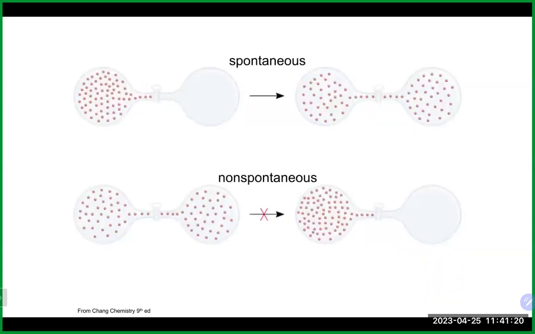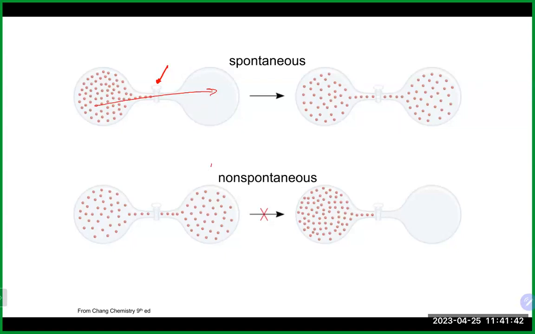A couple of other spontaneous versus non-spontaneous events. If we have a bunch of gas molecules in a container, with a valve here, and we open the valve, spontaneously those gas molecules will flood the other side of the container.